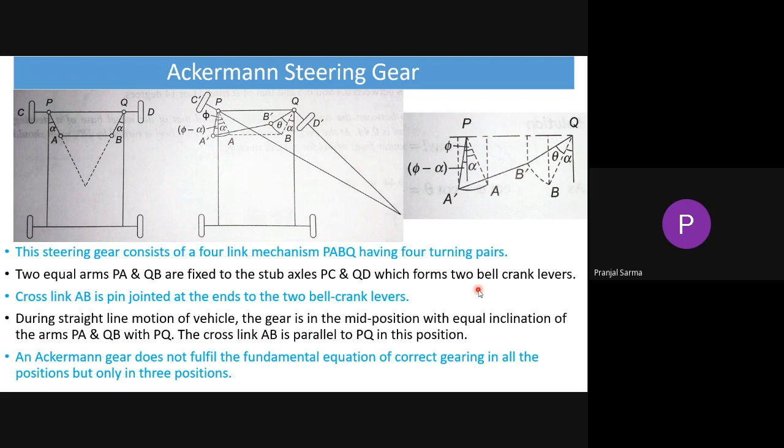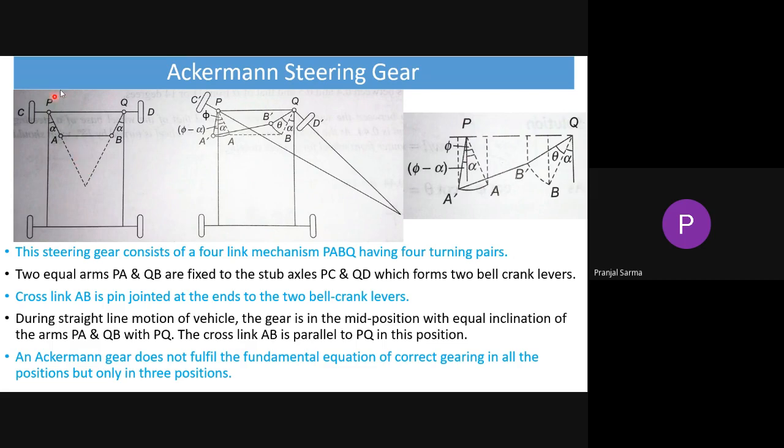The better version of the steering gear mechanism, which shows some advantage over the Davis steering gear mechanism, is known as the Ackermann steering gear mechanism. As you can see in this left hand side figure, the steering mechanism is placed in the back side, within that particular space.